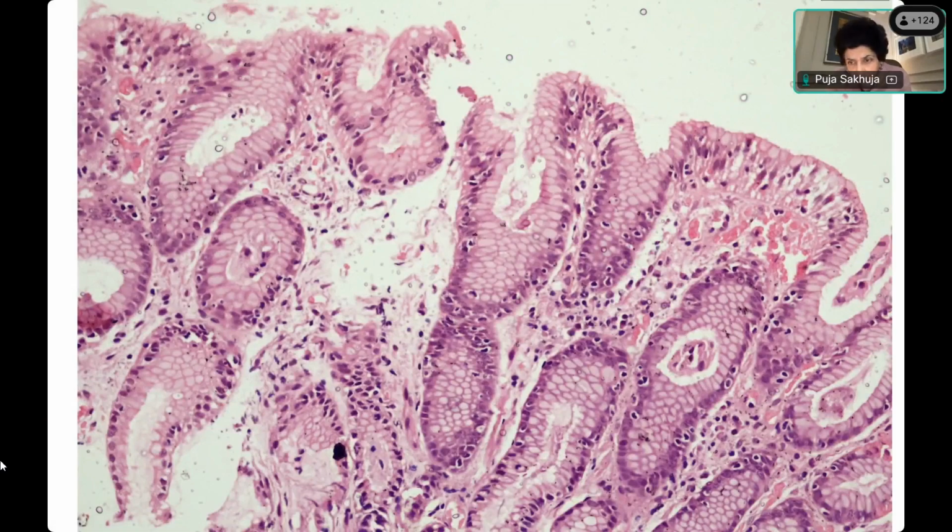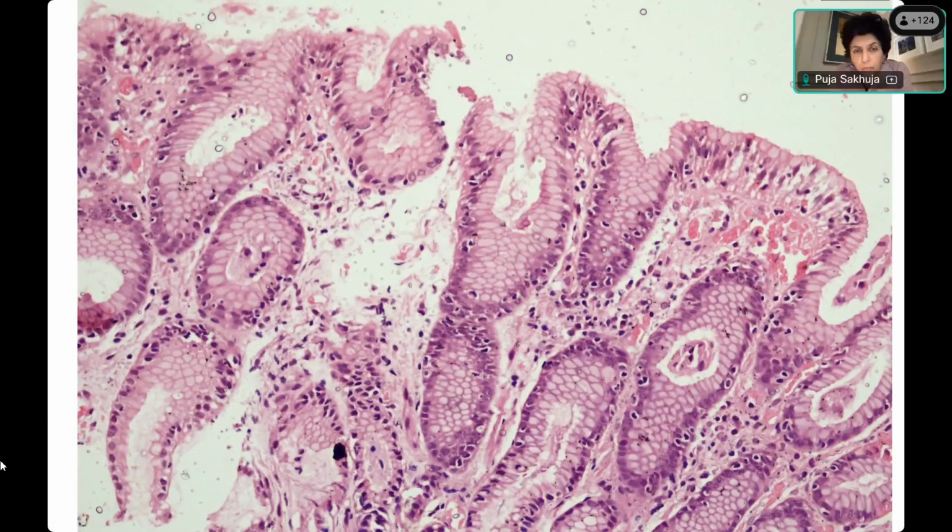Ma'am, in the lamina propria. Okay, there are some few eosinophils in the lamina propria. Then what are you seeing in the epithelium? Ma'am, in the epithelium, lymphocytes. Correct. So there are lymphocytes in the epithelium. Is this normal? No, ma'am.